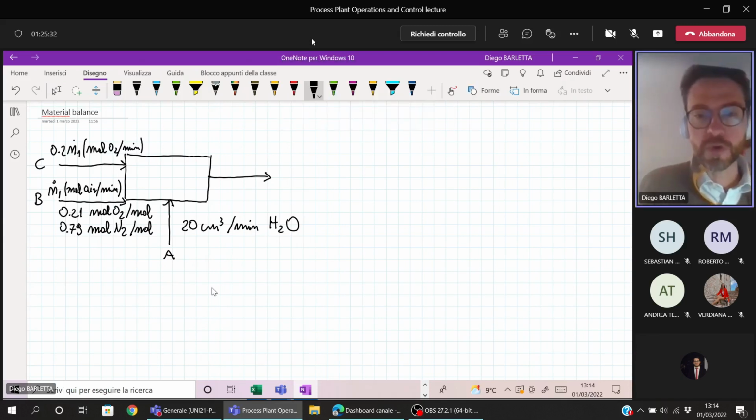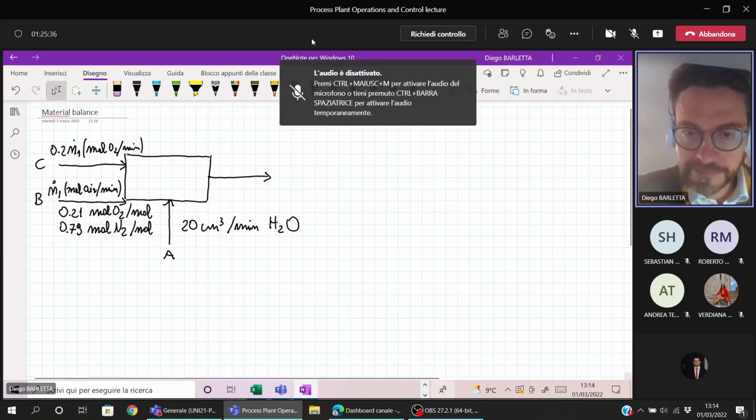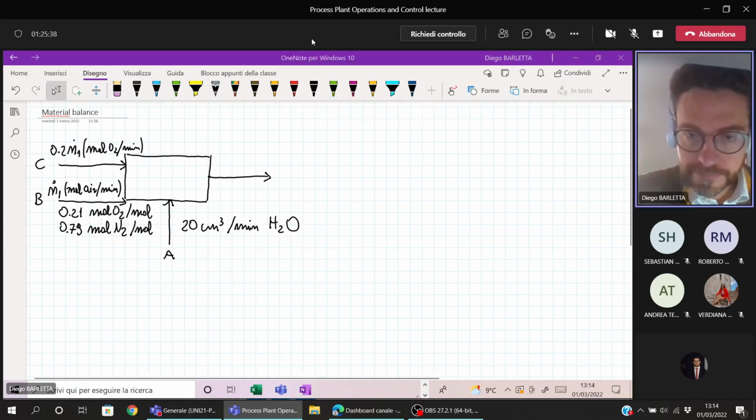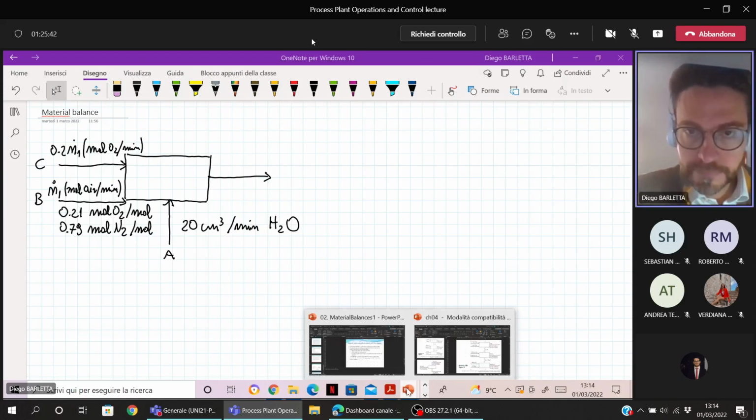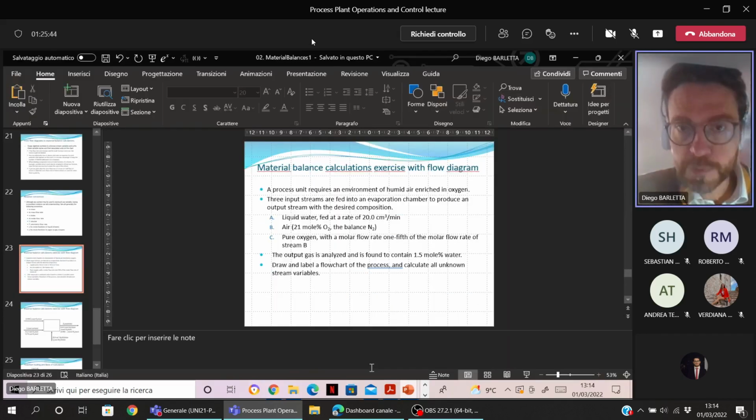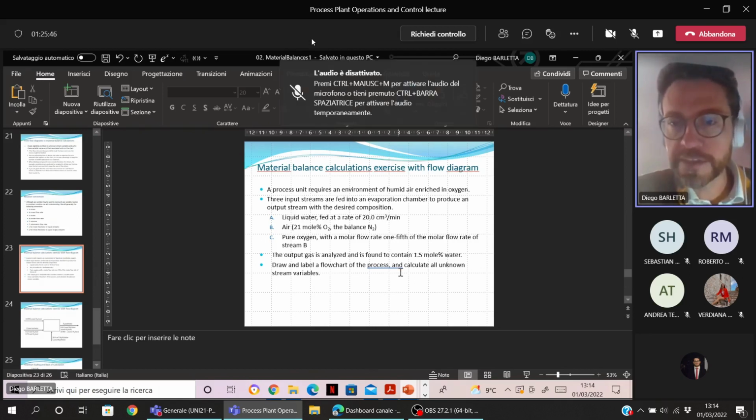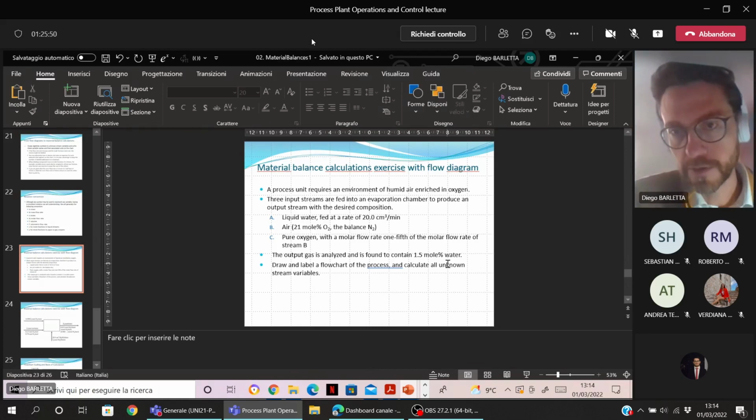Then what else do we know? We know something about the output stream. We know that the output gas contains 1.5 mole% of water.